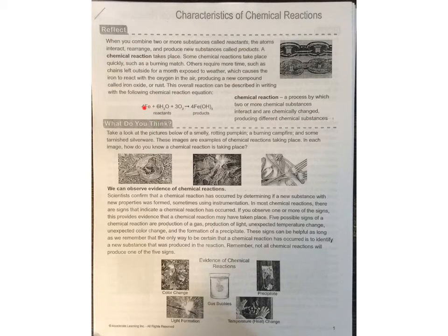So this Fe is iron. We know that H2O is water. And we know that O2 is oxygen. So when you take iron, water, and oxygen, they rearrange into this chemical compound called iron oxide.